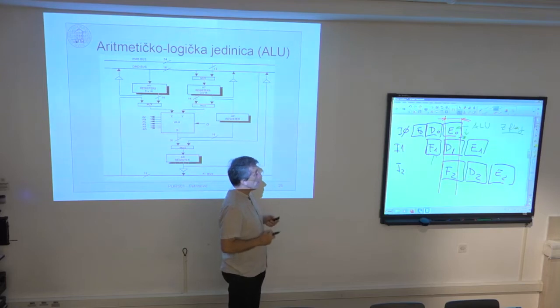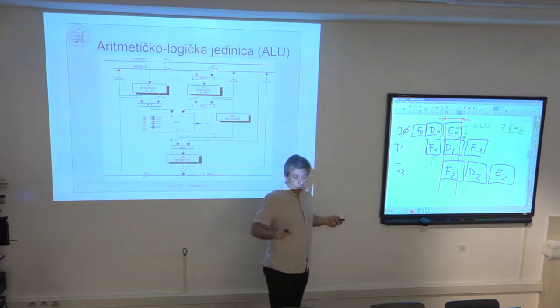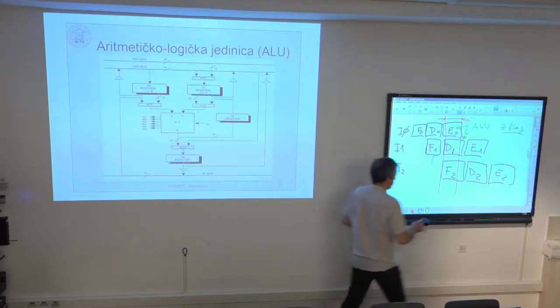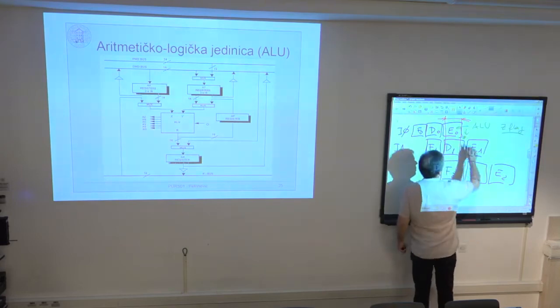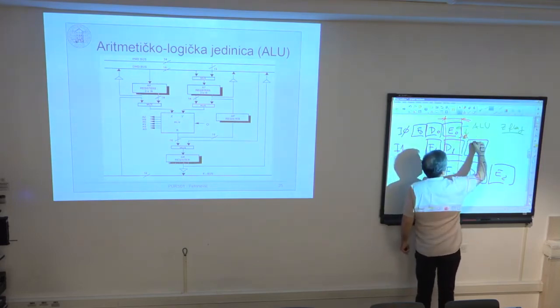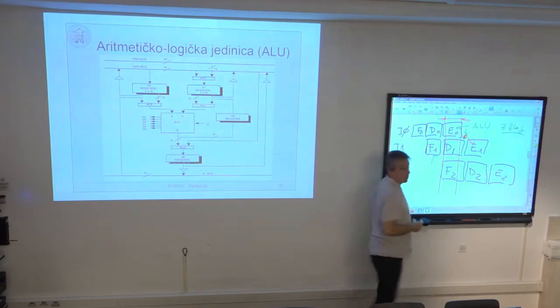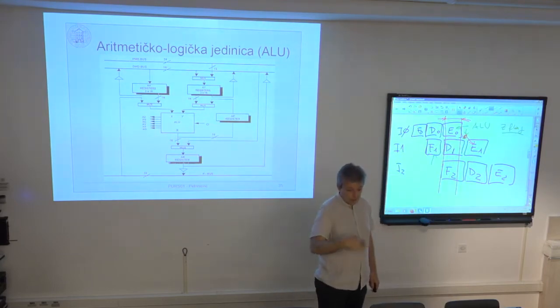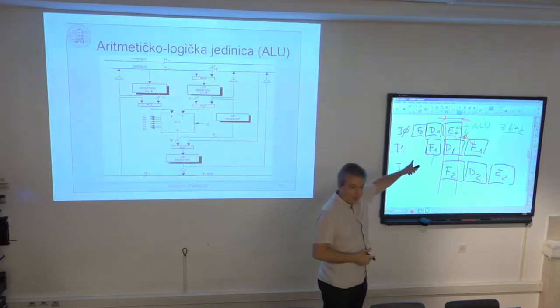And to avoid this, you don't do the branching. Instead of using branching, you simply, based on this bit, execute instruction 1 or not. So you always fetch another instruction first, after I0.